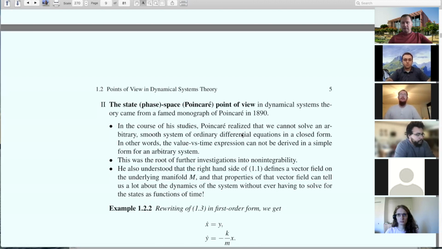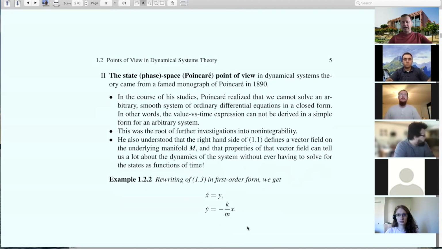But the realization that Poincaré had was that instead of trying to find these closed solutions, you can say a lot about the system by understanding the right-hand side of first-order equations. So Newton's equations were second-order. Poincaré realized that if you define a new variable, for example y, that is itself just the velocity.